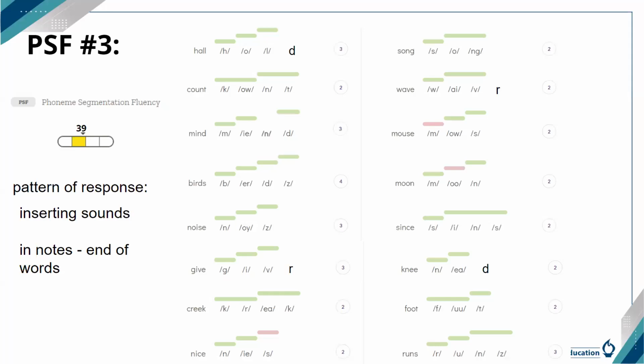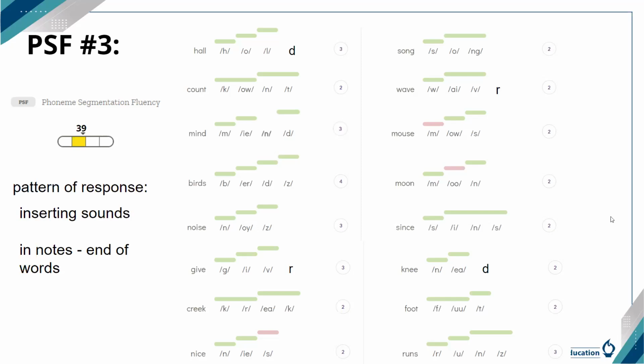And then in the notes, I would have added at the end of words, just to make a note for instructional purposes that they're inserting some sounds at the end of words when they're segmenting. So it is an error, in the fact that we don't want to insert sounds when we're segmenting, but we can't capture it within the actual scoring platform itself, which is why we would note that as a pattern of response.